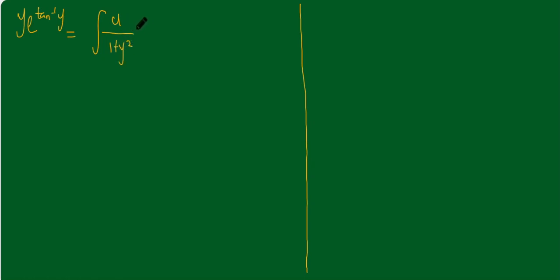So in continuation, we have x e raised to power tan inverse of y is equal to the integral of our tan inverse of y, which is now u, divided by 1 plus y squared, multiplied by e raised to power u, then dy, which is now equal to 1 plus y squared du.